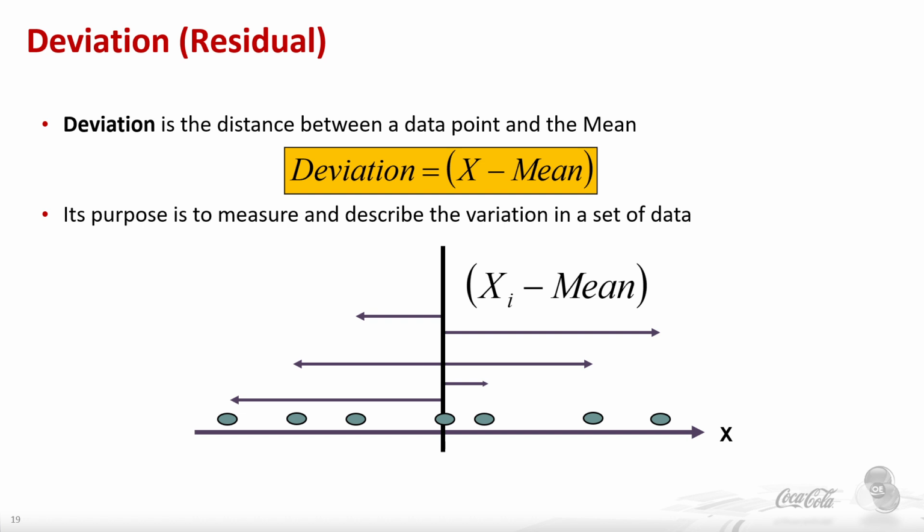So if we have some data, first we have to calculate its mean, then the variation or the distance between any data point and the mean value is called the deviation of that point from its mean. So this is a very useful definition, and in the coming videos we will be learning how to use this deviation or standard deviation in our different calculations.